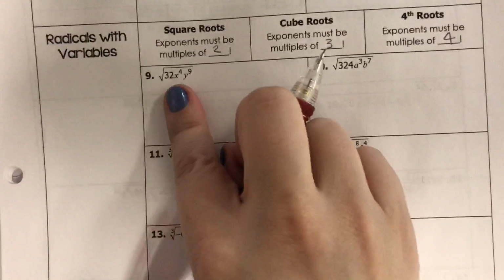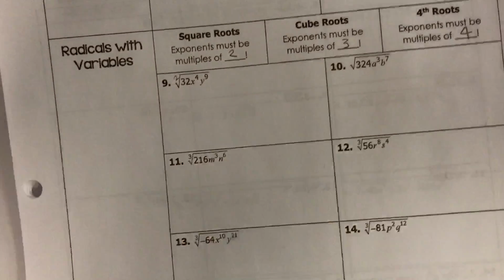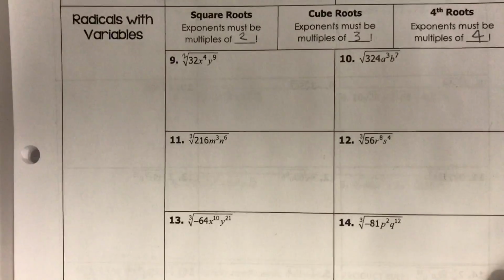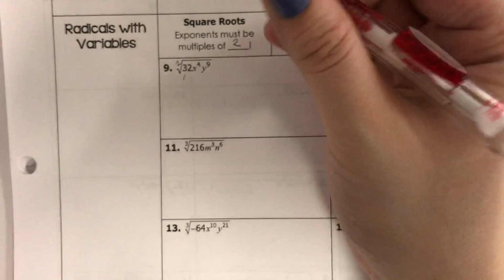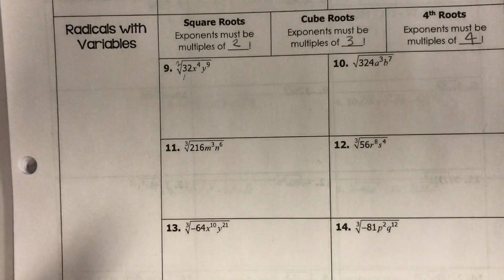All right, square root, because there's no index, we assume it's 2. So, let's figure this out. We're going to factor 32. Can I take out a perfect square from 32? I can, but let's do the factor tree anyway.